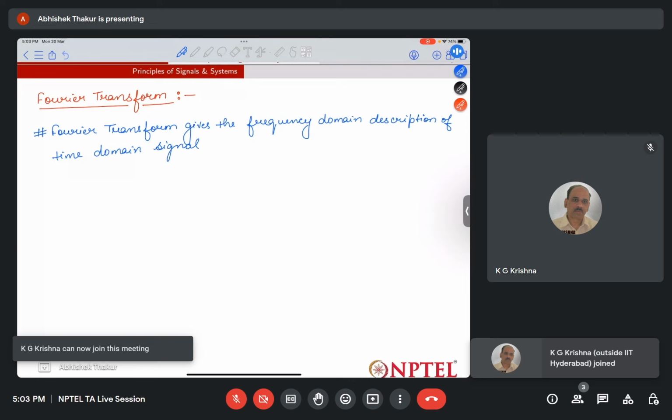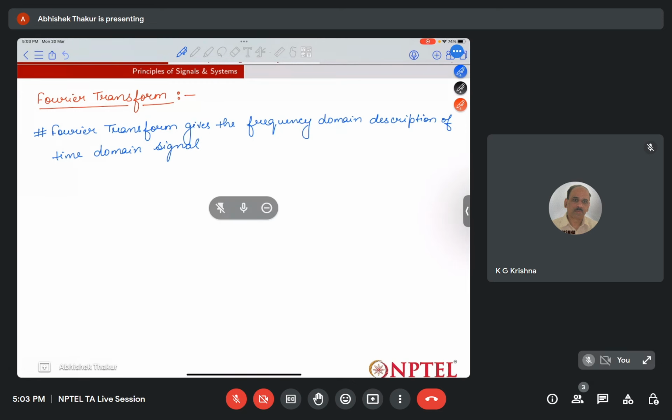So now we will see the definition of the Fourier transform. For any signal x(t), the Fourier transform of x(t) can be written as X(omega), because it gives the frequency domain representation of the signal.